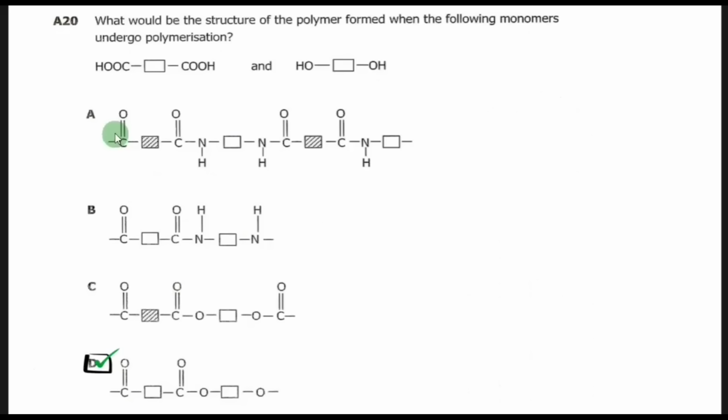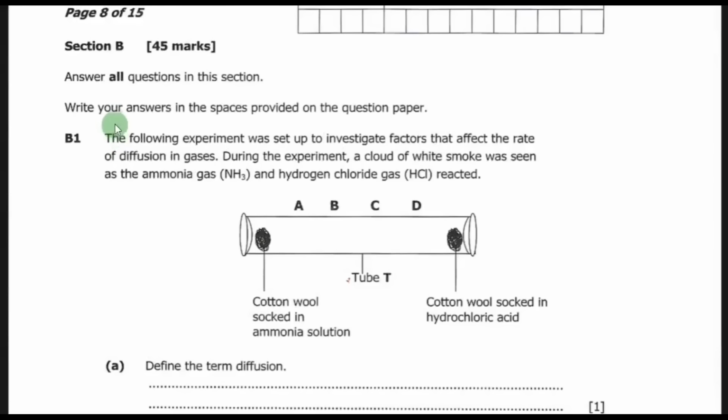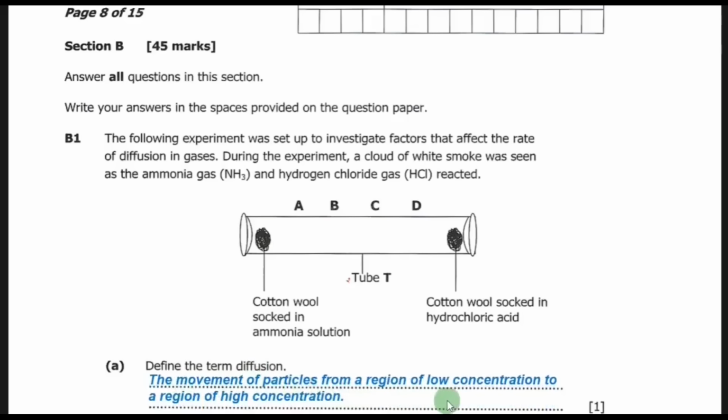Then there was another question from section B, which was B1, where I defined diffusion as the movement of particles from a region of low concentration to a region of high concentration. Again, I made an error.